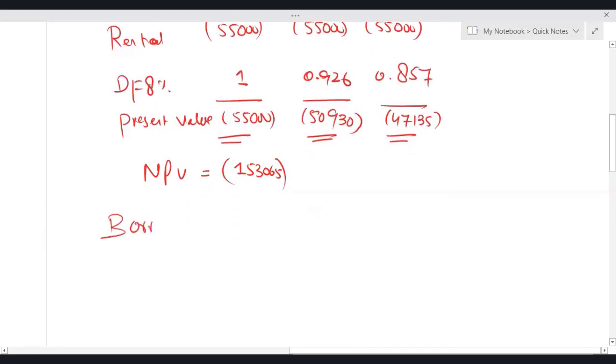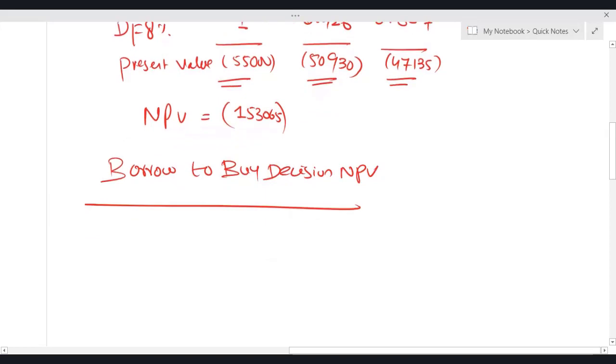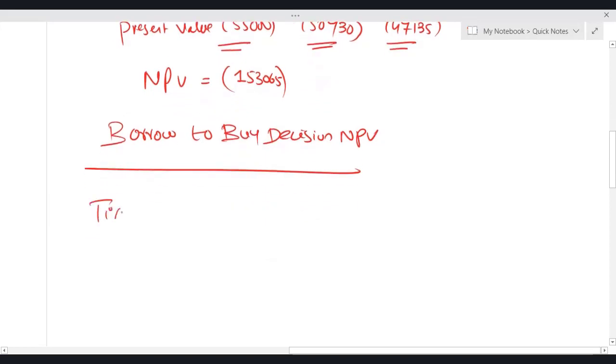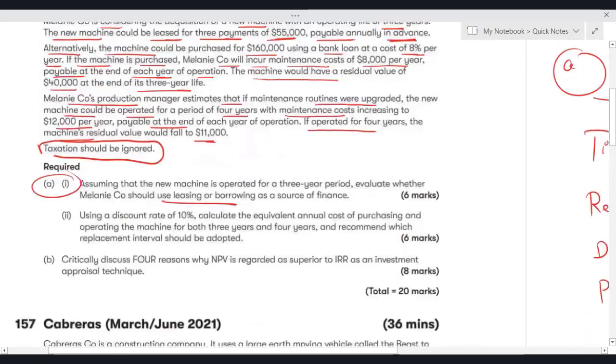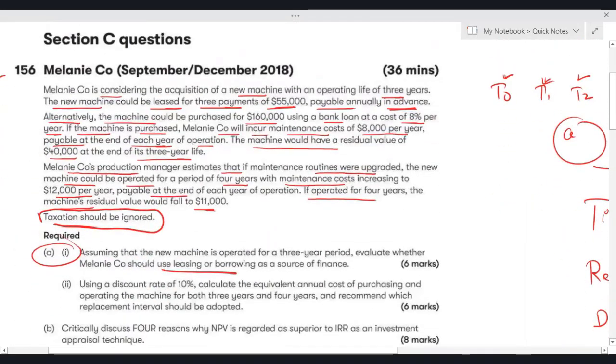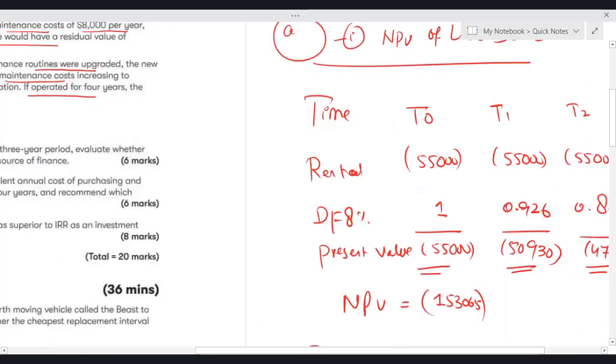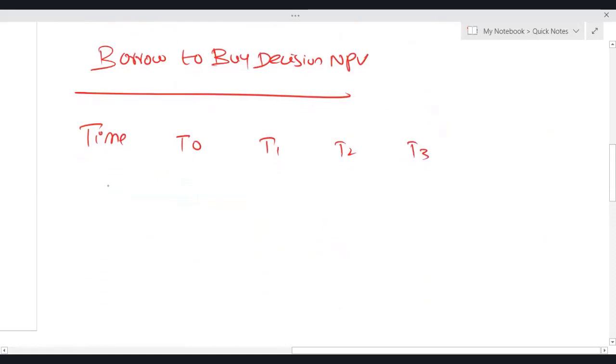Now simply borrow to buy. T0, T1, T2, T3. Malini 1,60,000. Can I say that is initial investment?